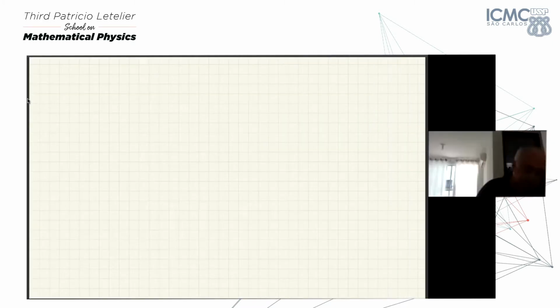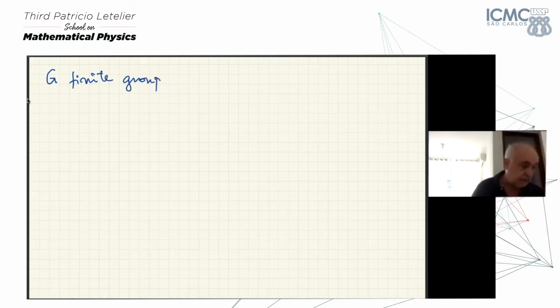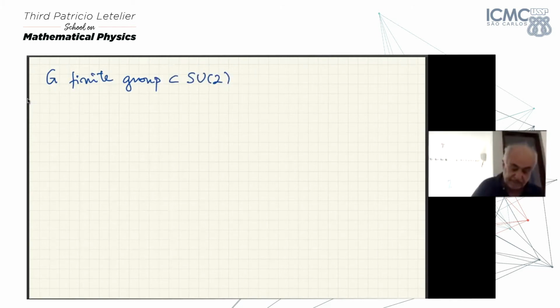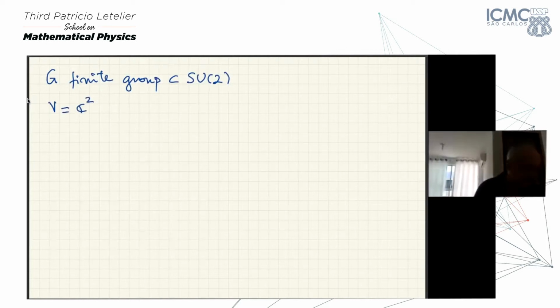So it's simply the following. If you fix a finite group, inside, well, actually at the end of the day inside SU2, talking about 2 dimensions. And so it has the defining representation that I will call V. So as a vector space, it is isomorphic to C2.